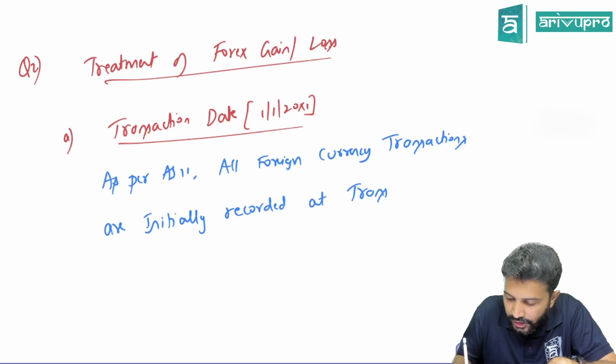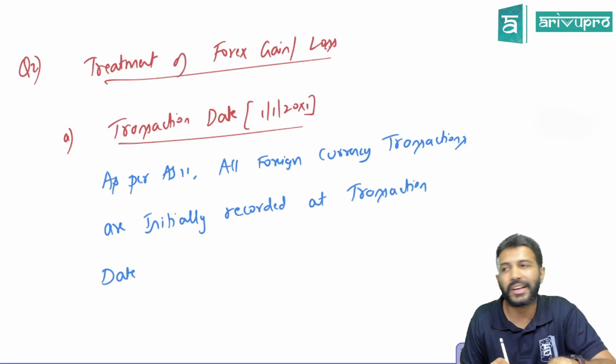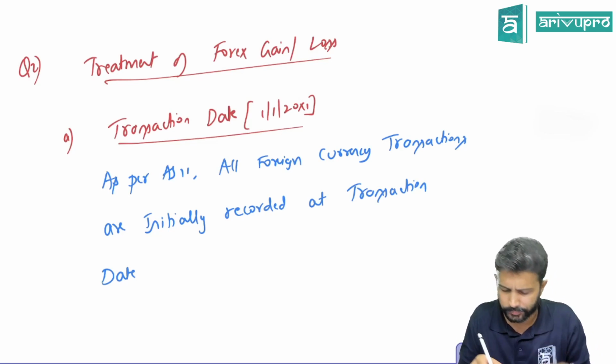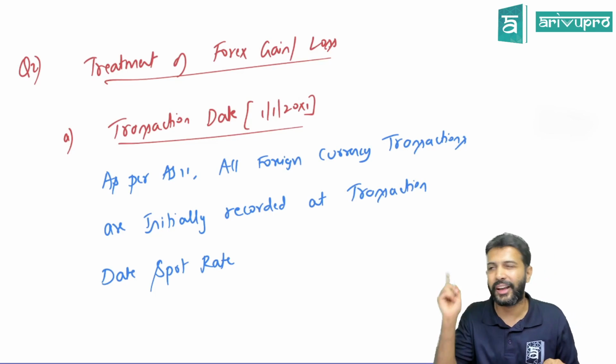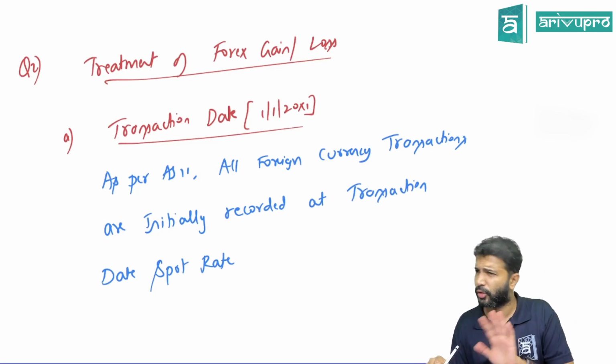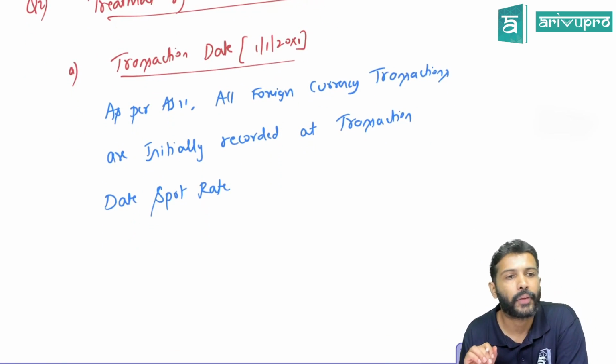At transaction date spot rate. Or you can also write it as transaction date rate. That is also okay. AS 11 does not use the term spot rate, Ind AS uses that. It is fine. Even if you use it, not a problem. Transaction date spot rate.